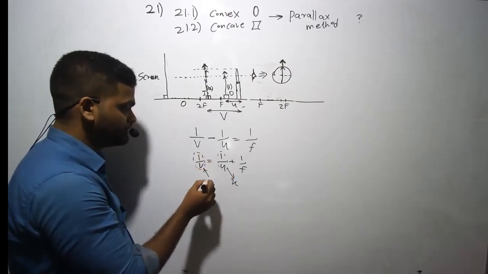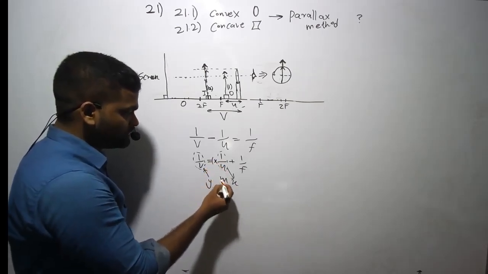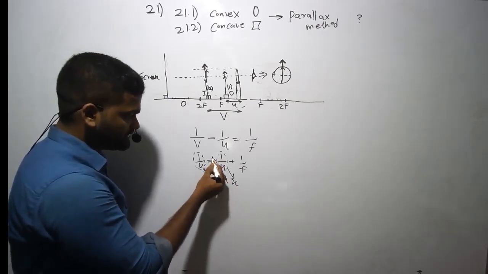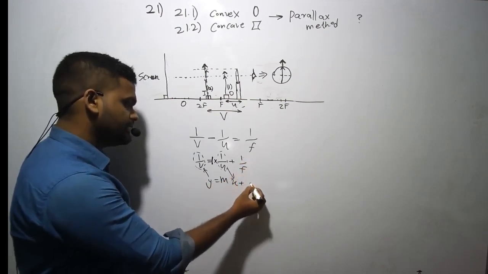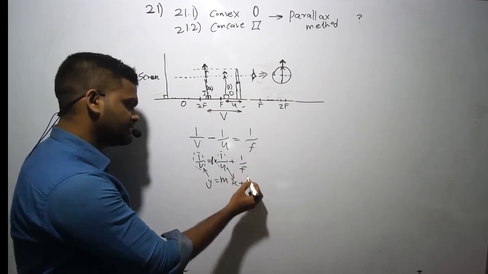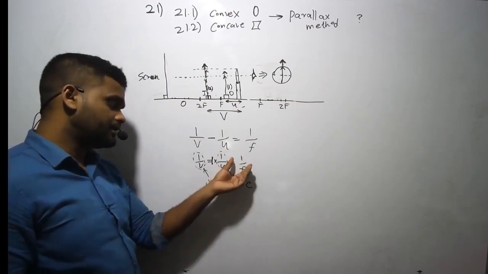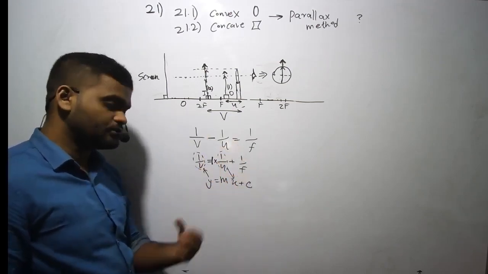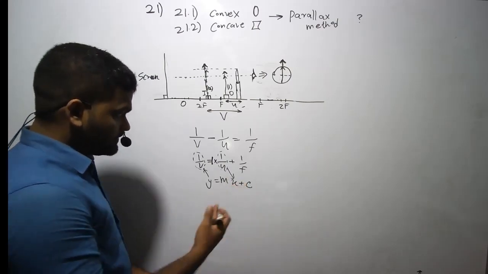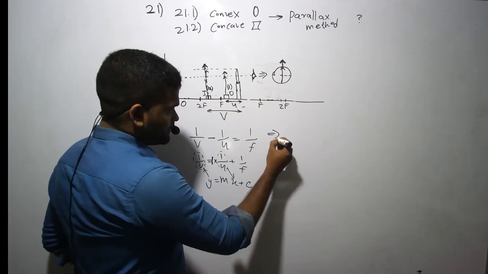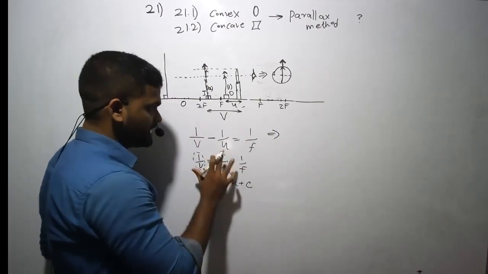So we can call that Y. Then the gradient is going to be 1, right? In front of it, it is just 1. So it is Y equals mx plus C. So you can see the intercept. Intercept is going to be 1 over F. Reciprocal of the focal length is going to be equal to C. So this is the theory behind that.